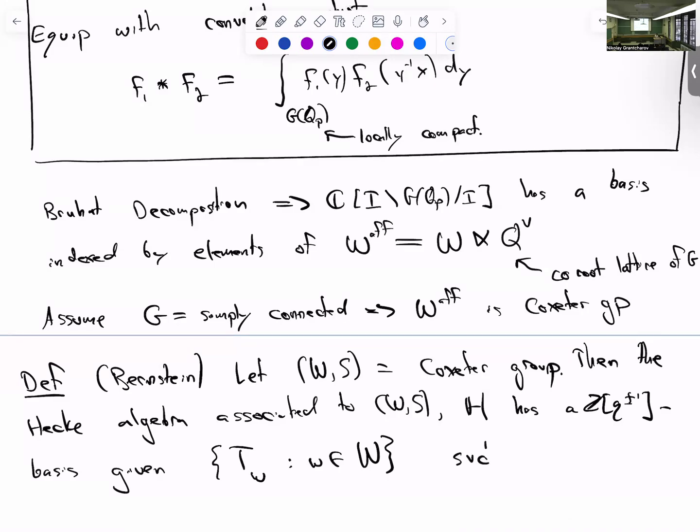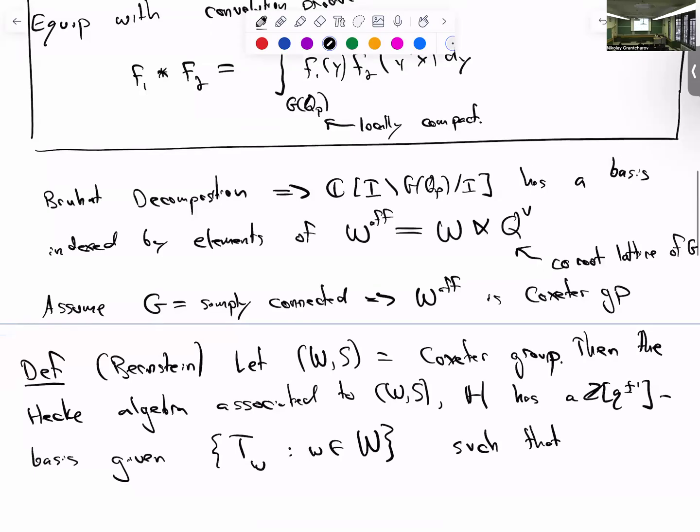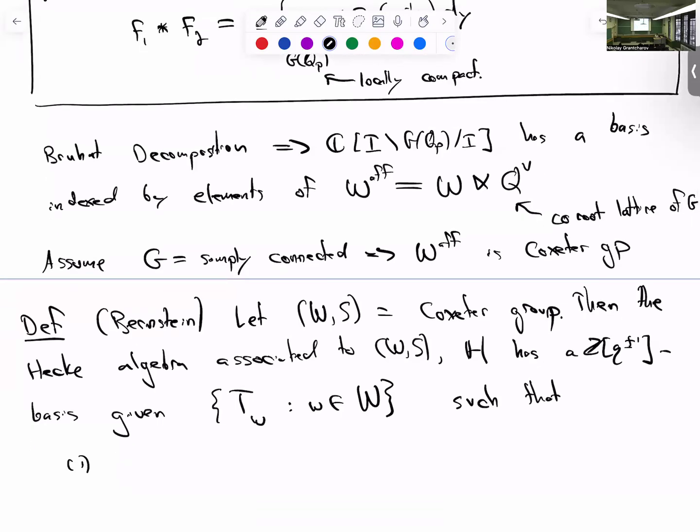And there's only two relations. First is this q-deformed quadratic relation: (T_s + 1)(T_s - q) is 0 for all simple reflections. S is the set of simple reflections.